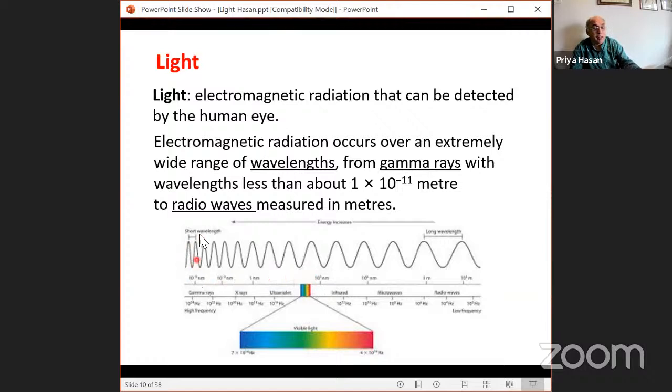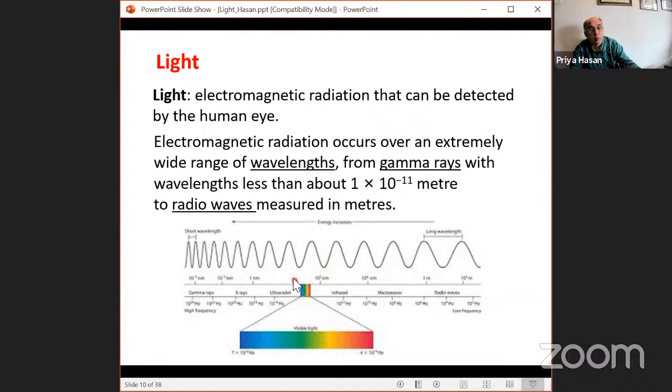So when the wavelength of light is small, the energy is high. You have gamma rays, X-rays, ultraviolet, right? So as you are going from gamma rays to X-rays, the wavelength is becoming larger, and the energy is becoming lower.